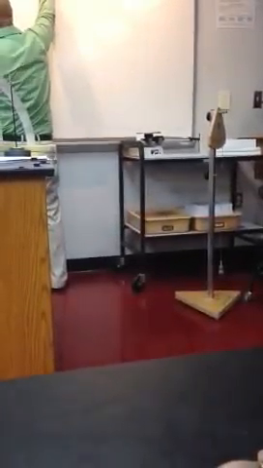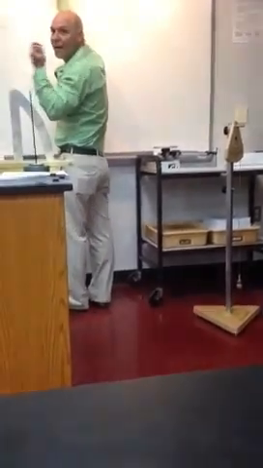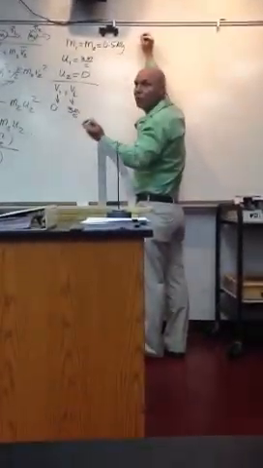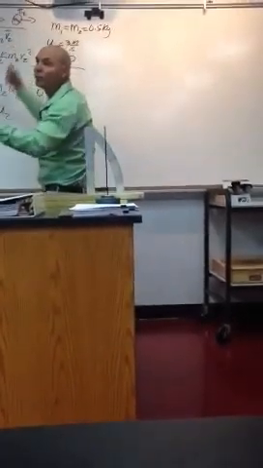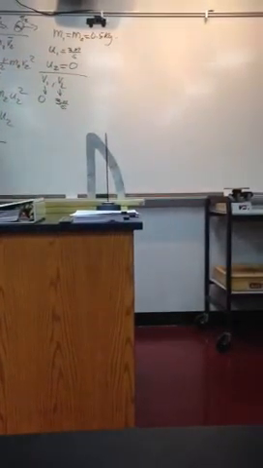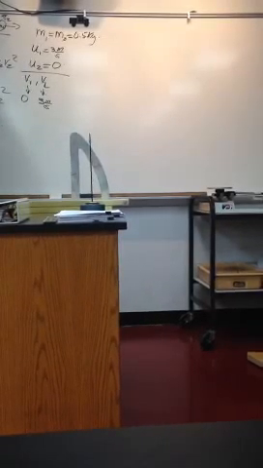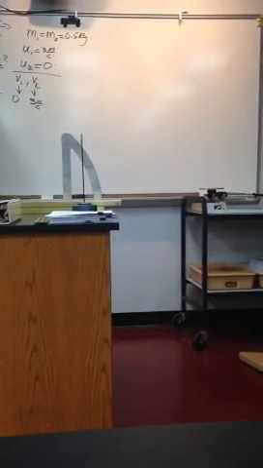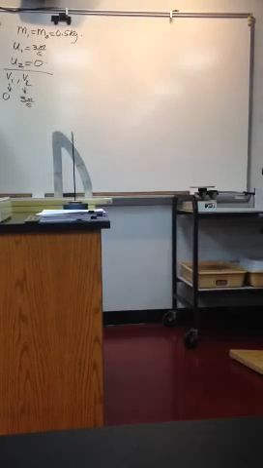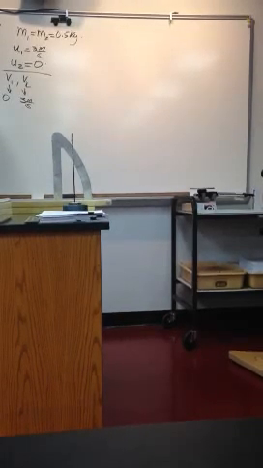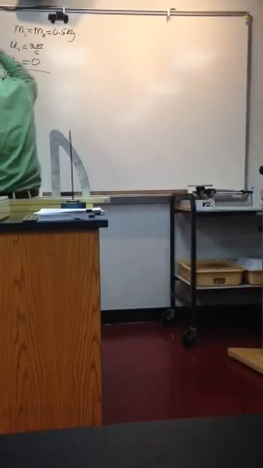Let's start. When you have an elastic collision, I explicitly stated, you have to work with two equations. What two equations? I don't know if you have this formula in your formula sheet, but check.